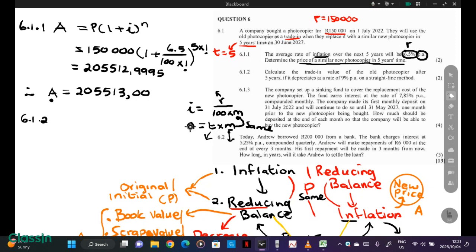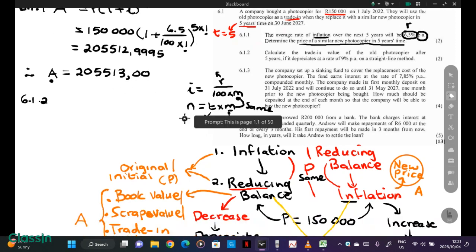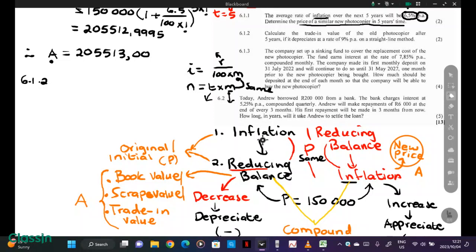Okay, now let's go to 6.1.2. Here I said that if they start with inflation, the next question will be the reducing balance. A reducing balance is the value that depreciates, or the decrease in the amount of money. Because we have used P as 150,000, even here we're going to use P as 150,000. If we read 6.1.2, it says calculate the trade-in value.